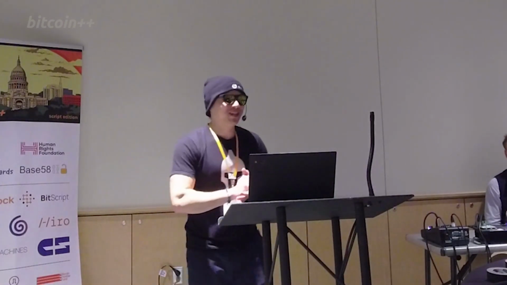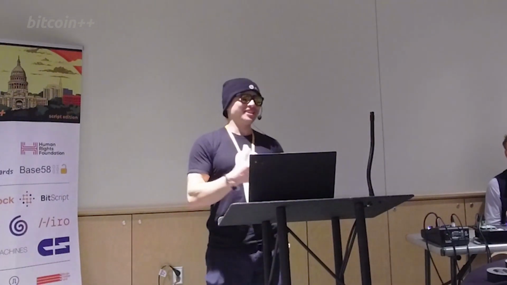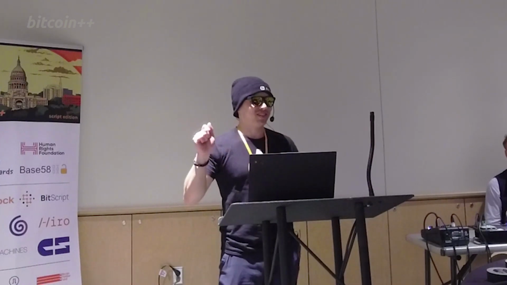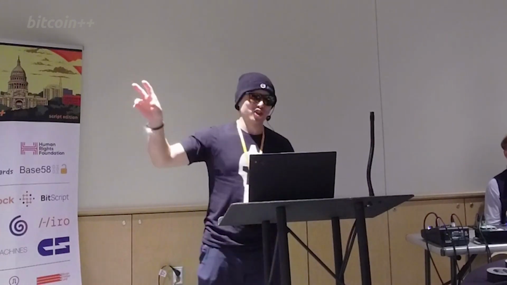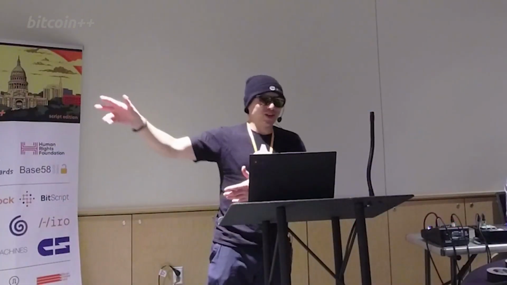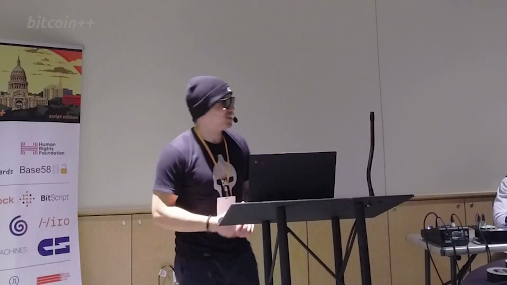Sorry, Rob was relaying from a Twitter DM chat that apparently there's an error in my plain lenhance LN-Symmetry because one of the signatures can be reused between updates, and therefore your channel partner could force close and lie to you, and then you couldn't spend the thing. So there's an error in my slides. You can't do lenhance symmetry the way I had it there. You have to use an operator instead. It costs like 4 more vbytes. Chris, you had a question?